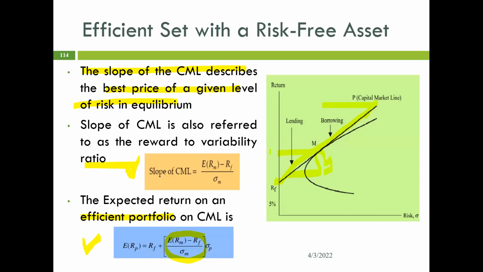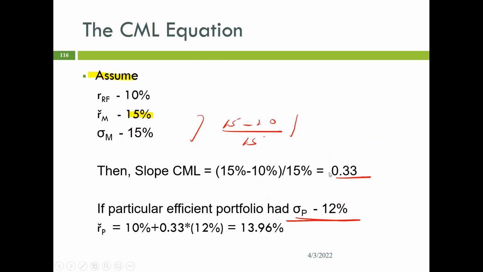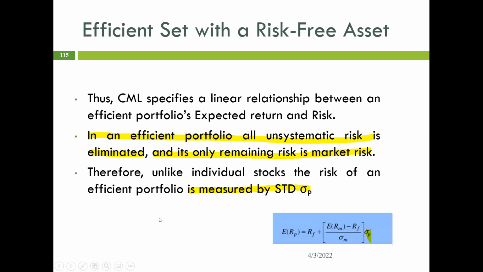So you have calculated its standard deviation, say it is 12%. Then you can identify the portfolio expected return simply as slope into this efficient portfolio standard deviation plus risk-free rate, using this formula.